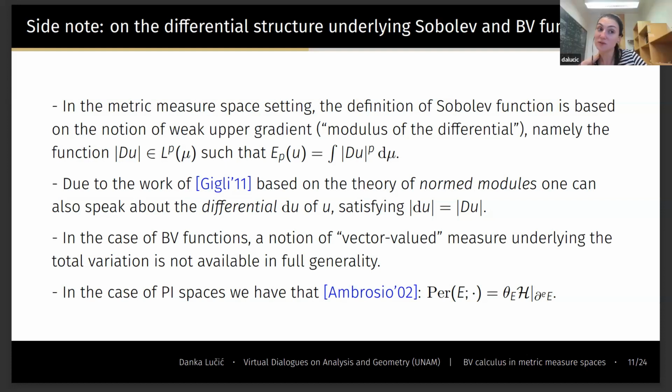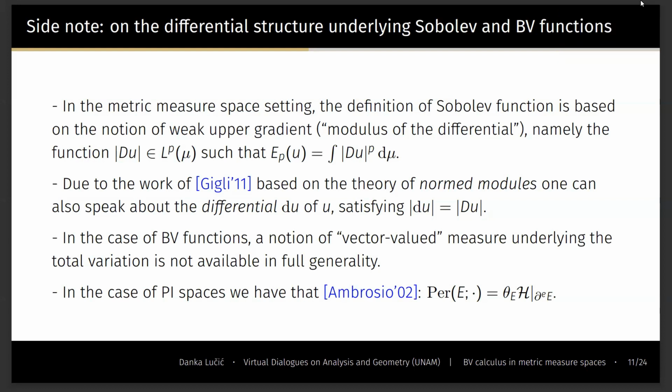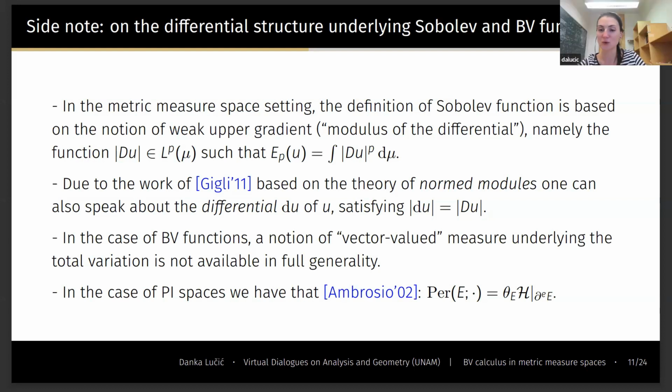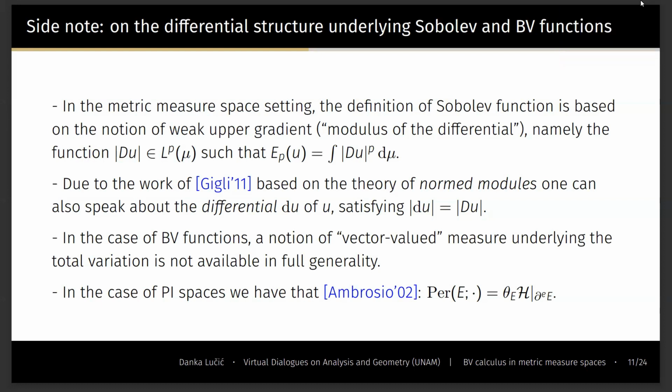Yeah, I put this just as a side comment, to say that if you work in this generality, then the situation is much more complicated. You have this density function that you don't know much about. Okay, thanks. Any other questions?